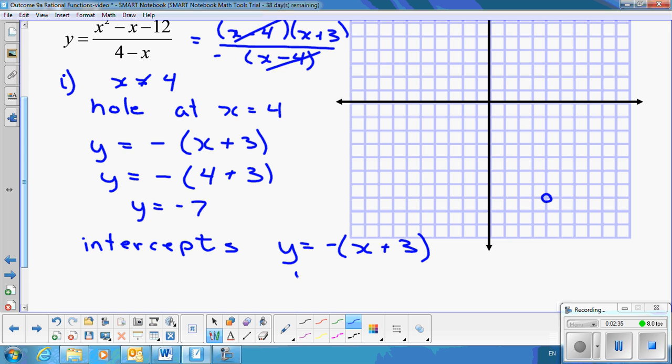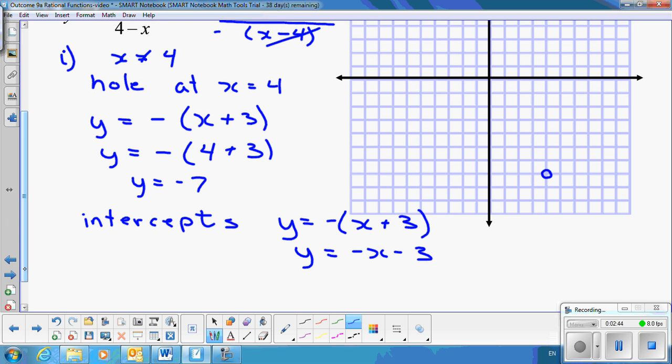I can do some simplifying here and say that y equals negative x minus 3, if we distribute that negative sign in. So we're looking for intercepts. From that, I know that my y-intercept is at y equals negative 3, because this is in y equals mx plus b.